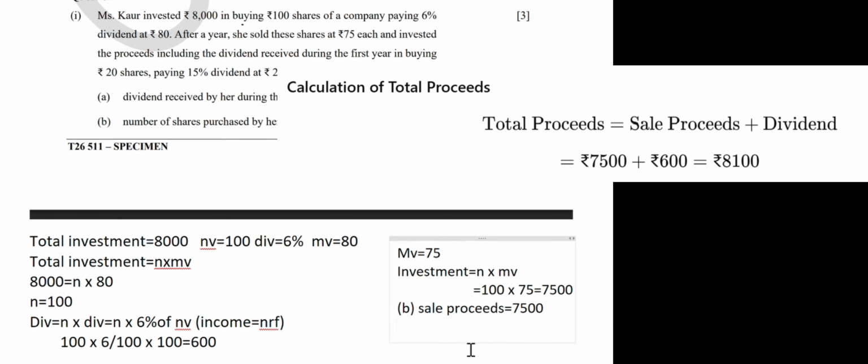So your total proceeds equal to 7500 plus 600, investment plus dividend. That is equal to 8100.